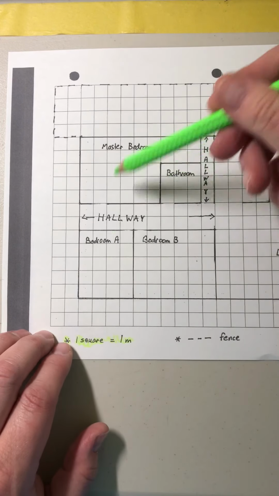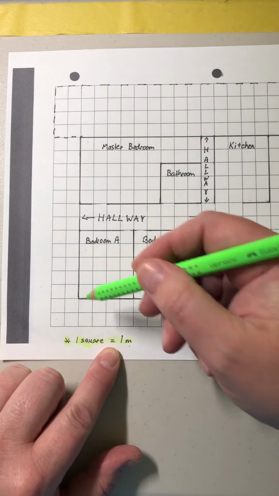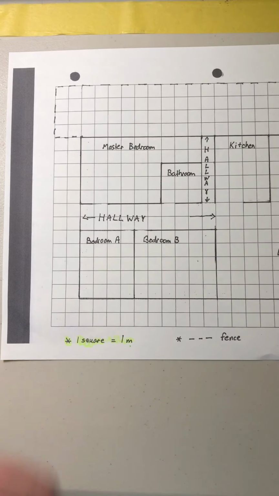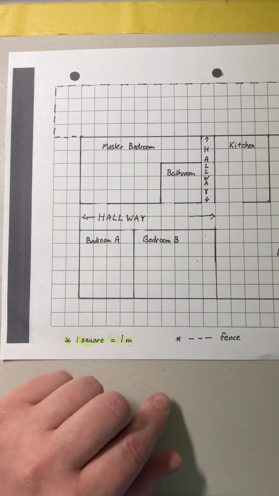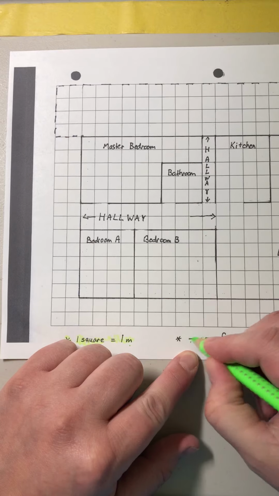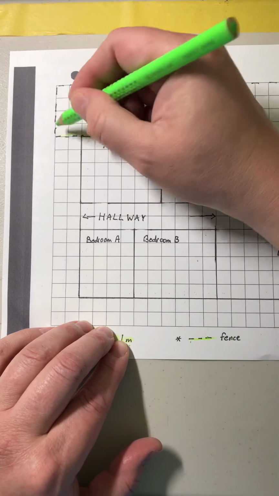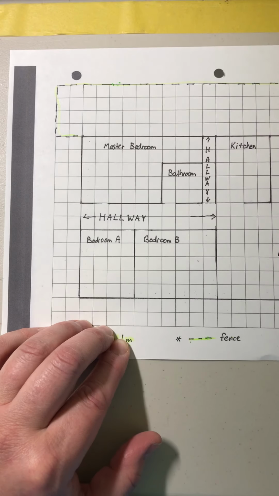So each of these squares here will represent 1 meter. So every time you count a square, that's going to be 1 meter. Also, the dotted line here represents the fence, which is around here.